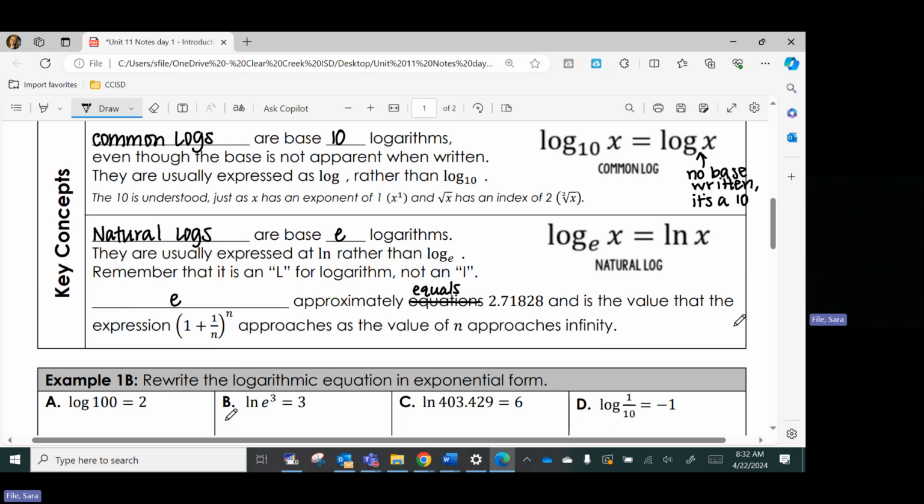You don't have to write it right now, but oftentimes you'll see mine look like this, log or ln, because I'll use the cursive or the loopy L just so it's obvious that it's an L and not a 1. Not saying that you have to do that, but I'm just letting you know as I write our notes, you'll see me writing it that way. That's why I use the cursive L, just so it doesn't look like a 1 and get anybody confused.